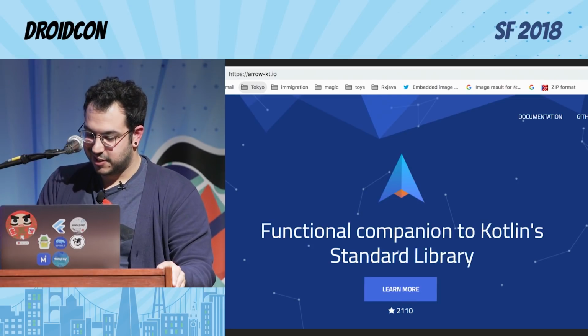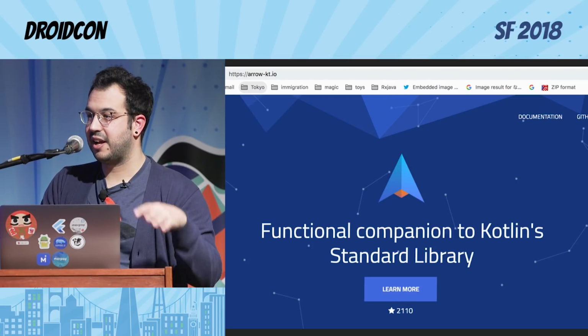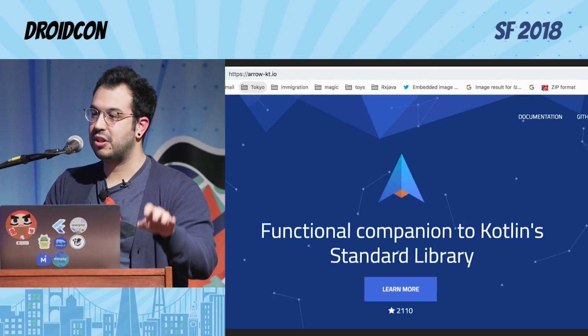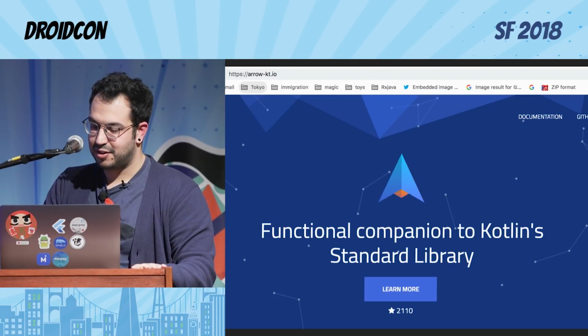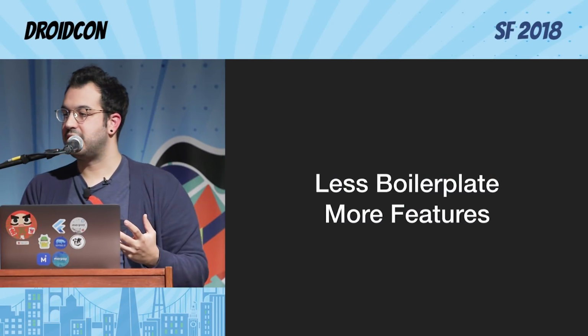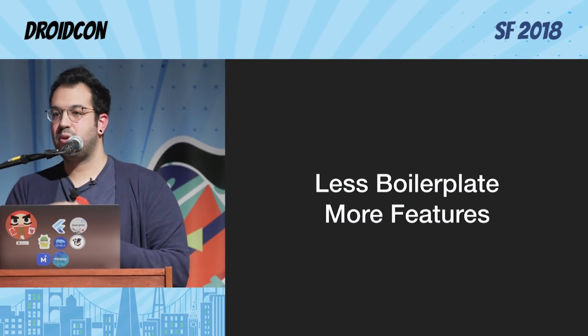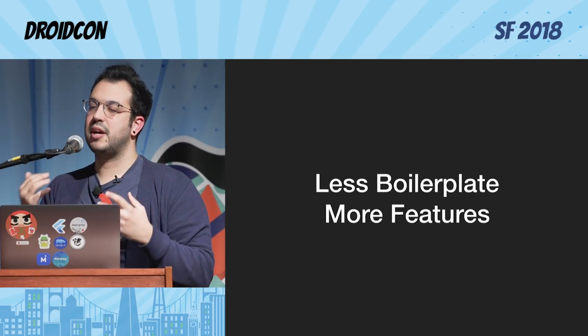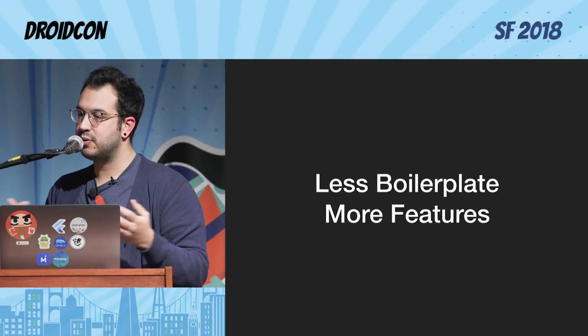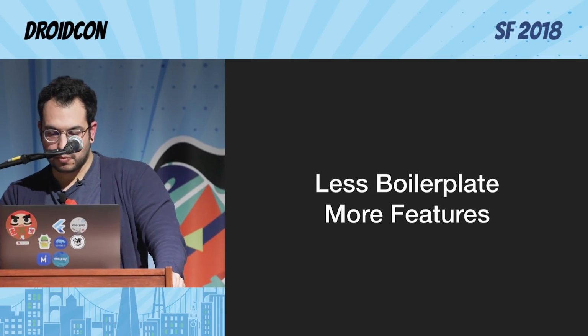So this is definitely even more fancy functional programming than what Kotlin gives to you by default. And at the end of the day, it's more about less boilerplate and more features, right? It's fluent, it's more readable, and then I don't have to write so much boilerplate because the language is already thinking about me, how to make things faster and better.